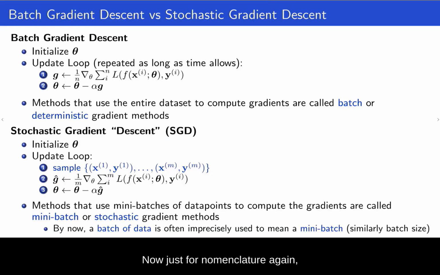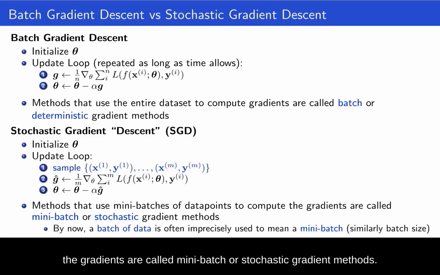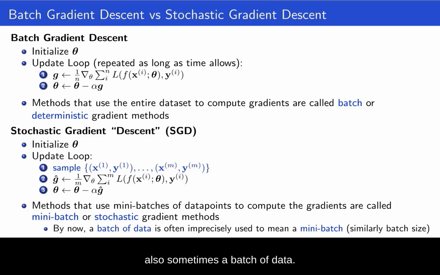Now, just for nomenclature again, methods that use mini batches of data points to compute the gradients are called mini-batch or stochastic gradient methods. And actually by now, because in the deep learning literature nobody really uses batch gradient descent anymore, somewhat confusingly, people tend to call a mini-batch also sometimes a batch of data.